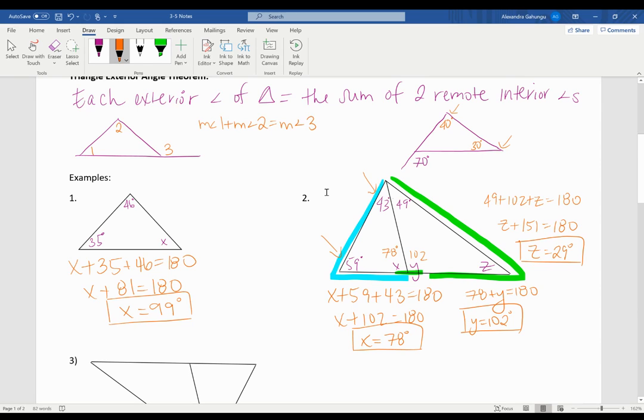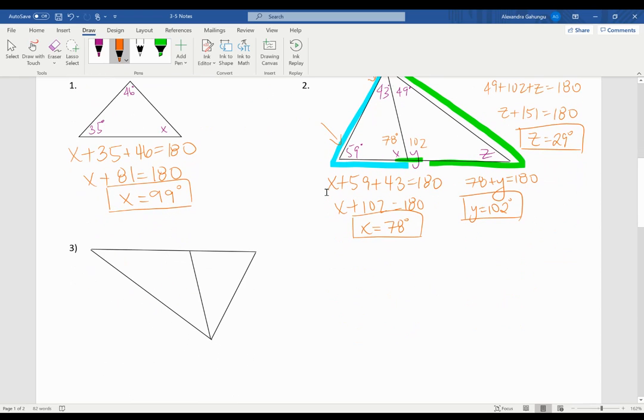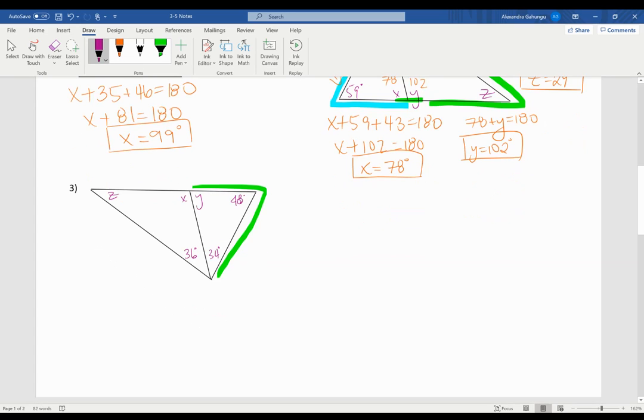For the next example, we're going to fill in our angles ourselves, and we're still going to look for x, y, and z in this case. So let's fill them in. We've got z in this corner, x and y. That's going to give us 36 degrees, 34 degrees, and 48 degrees. So I would treat this the same way we treated the other one. One of the triangles has 2 out of the 3 angles, so that's the one I want to deal with.